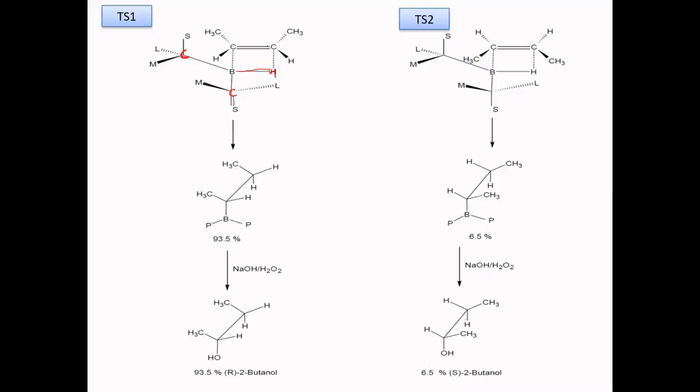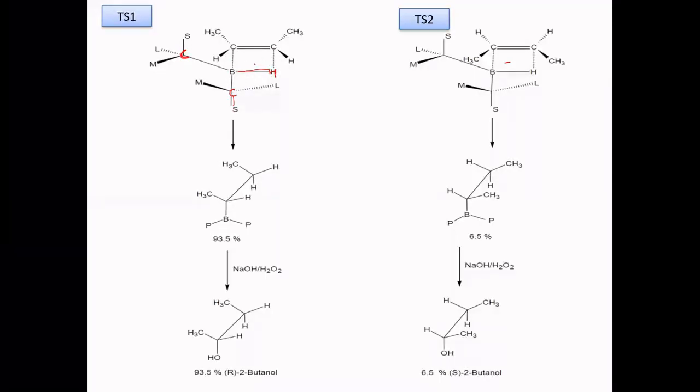While approaching, maybe the protons are towards the catalyst, towards the reagent, and the methyls are away from the approach. Or you can imagine the case where the two methyl groups are towards the reagent and the protons are away from the catalyst. Okay, this is going to form an interaction, a coordination, that will form a cyclic transition state like this.